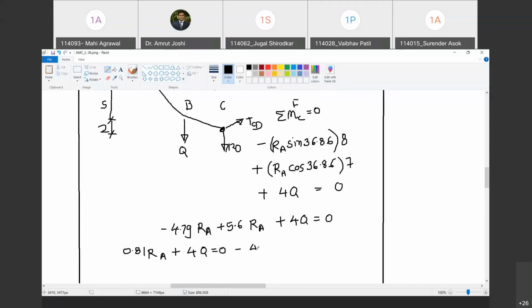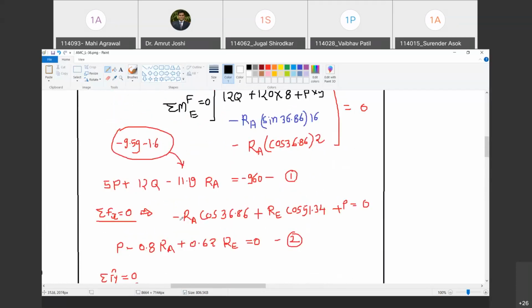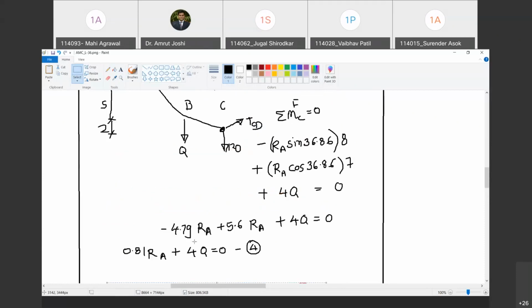This is equation number 4. Now consider equation number 1, which also has the unknowns as RA and Q. Are you with me? Yes, sir.